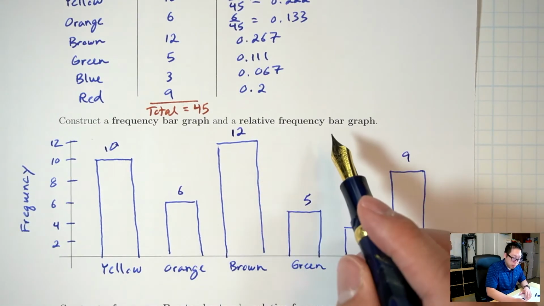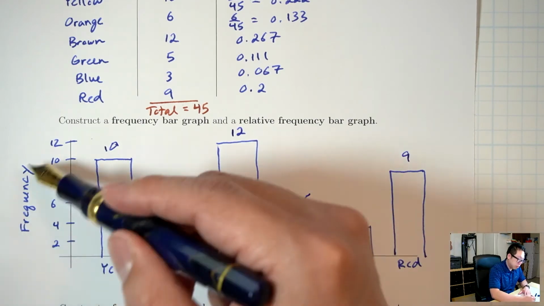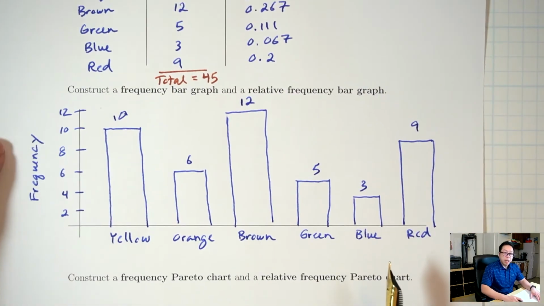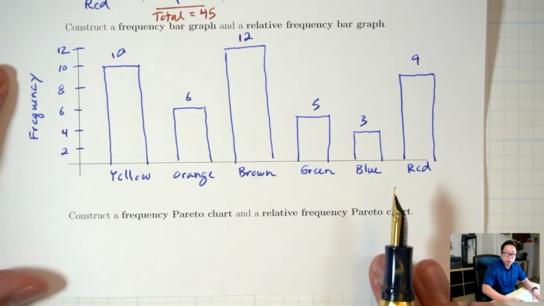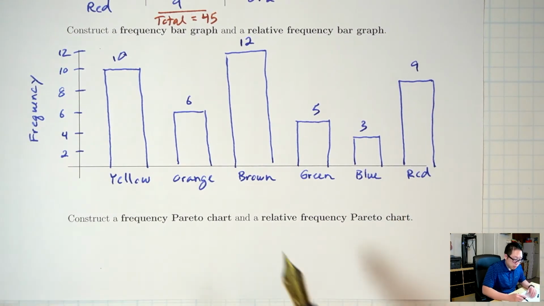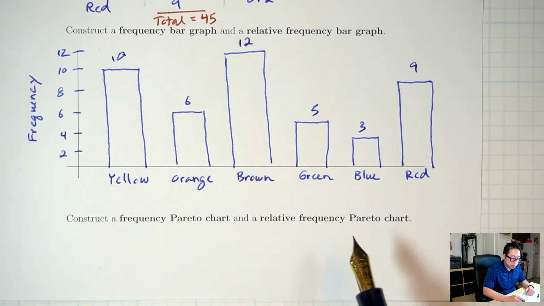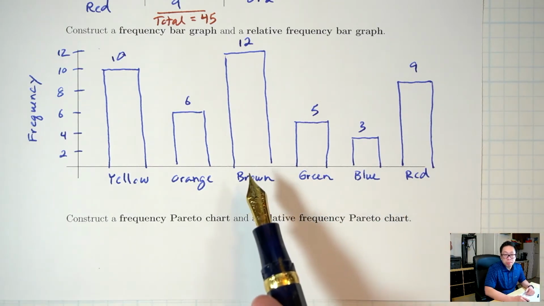A relative frequency bar graph is the same thing, except instead of frequency, you'll put the relative frequency. And then finally, a frequency Pareto chart. It's going to be exactly the same as a bar graph. The only difference is you're going to reorder the bars with the highest bar first, and then you go downward.